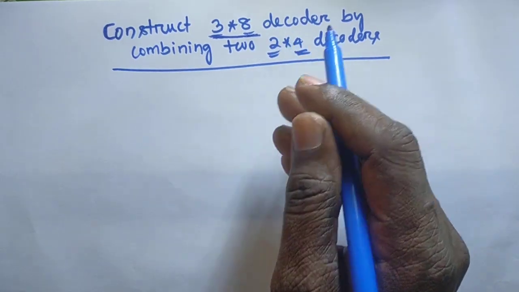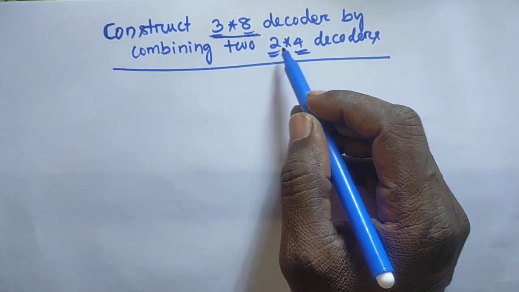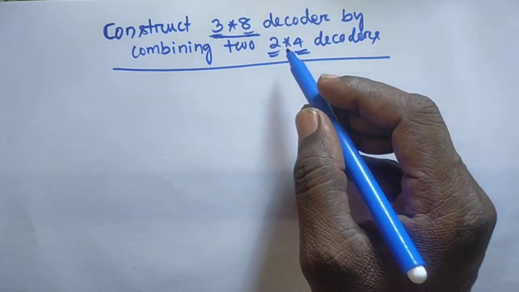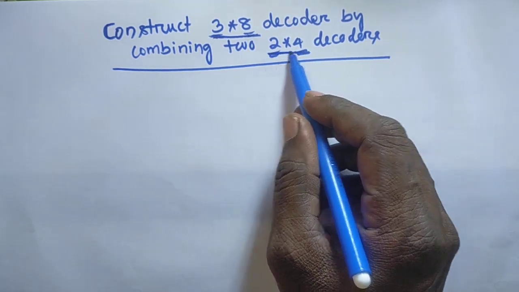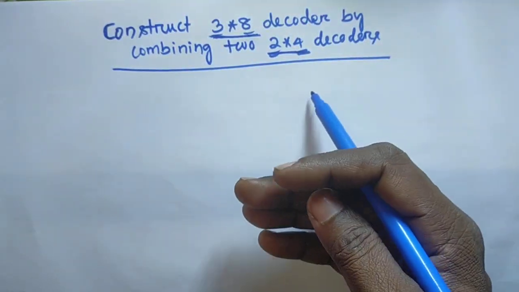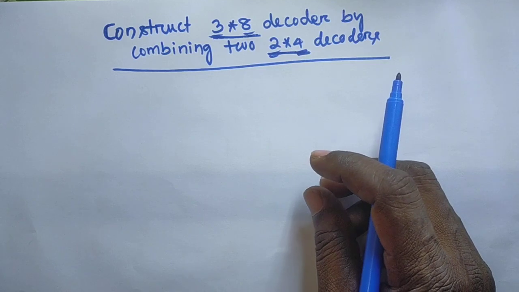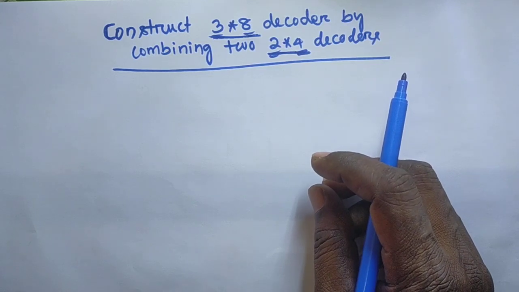That means one decoder is 2 into 4, and another decoder is also 2 to 4. With the help of two 2 to 4 decoders we create a 3 to 8 decoder. How it is created, we will discuss today.